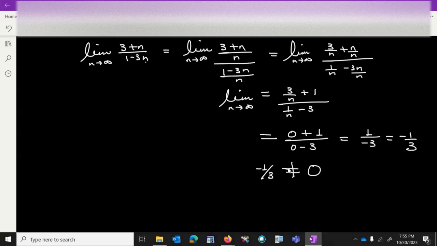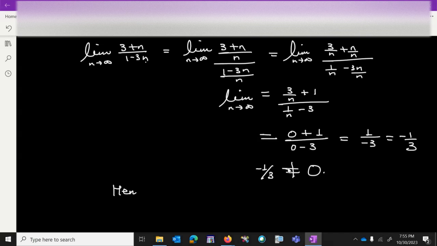Negative 1 over 3 is different from 0. Our rule says that if the limit is different from 0 or if it doesn't exist, the series diverges.